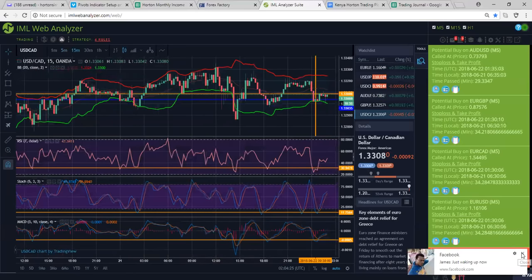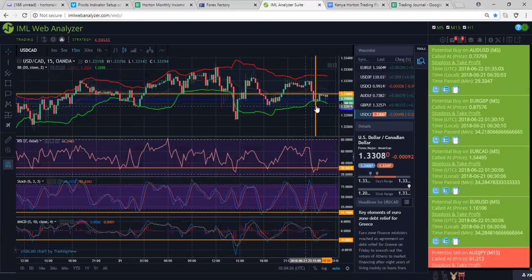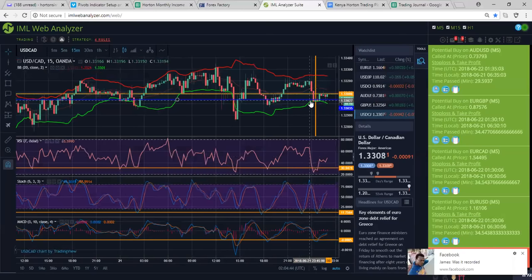Now, when this trade was called, you can see how small this green candle was. It was called right around 3303, and it didn't even go 1 pip, okay?